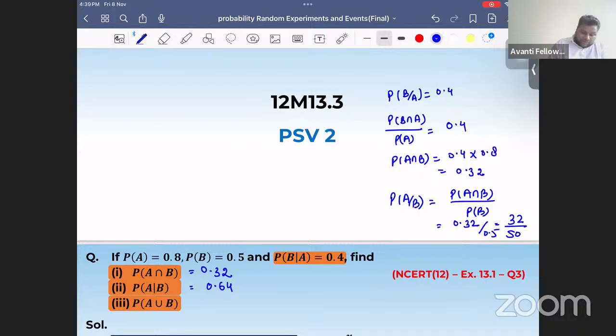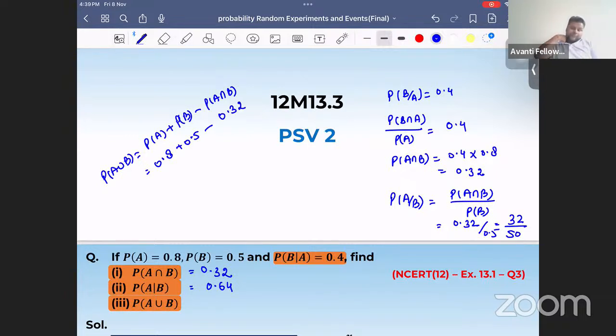Now P(A union B). So P(A union B) will be probability of A plus probability of B minus probability of A intersection B. So P(A) is 0.8 plus 0.5 minus P(A intersection B), which is 0.32. Got it?